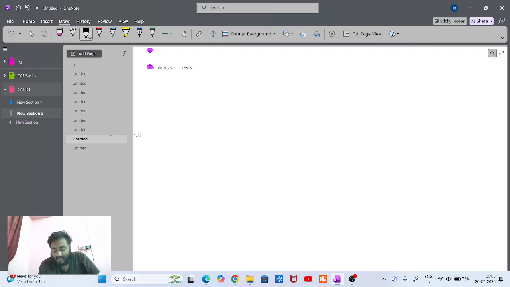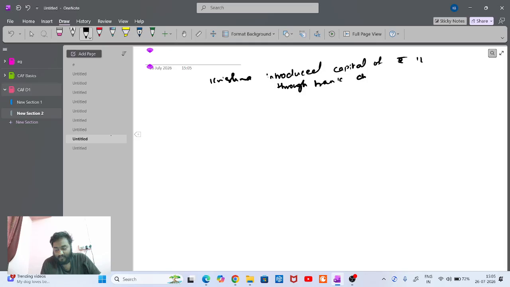Whenever there is an introduction, for example, Krishna introduced capital of rupees 1 lakh through bank check. If this is the point, I will just tell you the vague analysis of how to pass the entry.